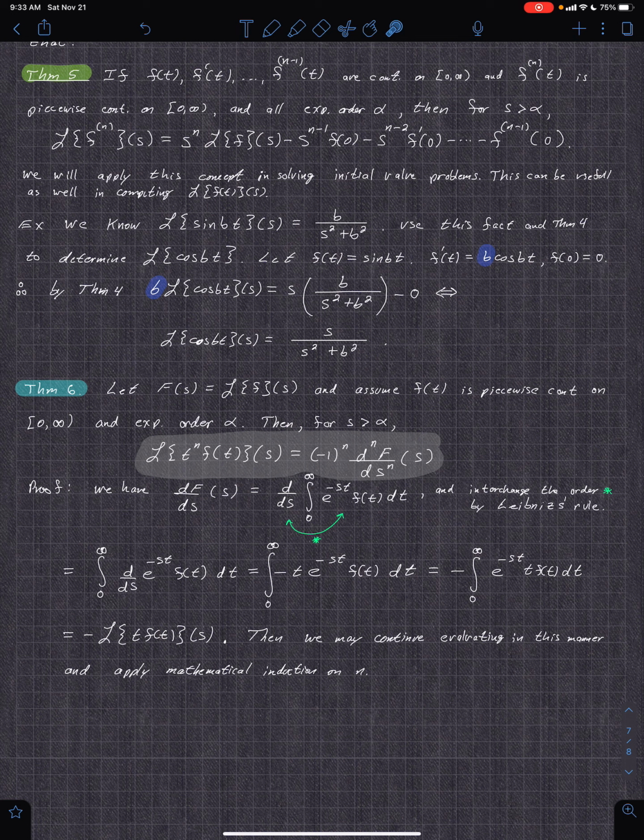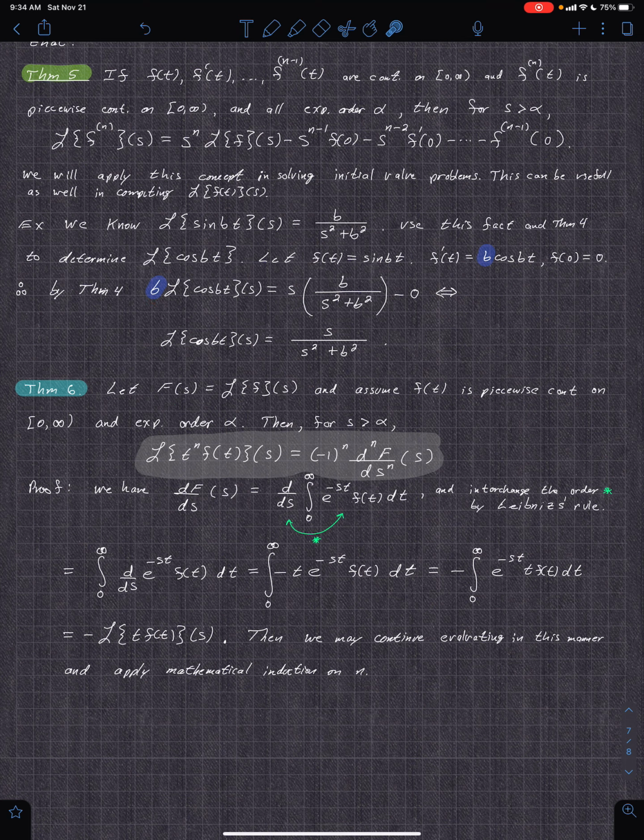So you can apply this concept to help simplify stuff. So if you know this, then you can take the derivative of the function, and then essentially by forcing your b here and here, you get the next theorem.